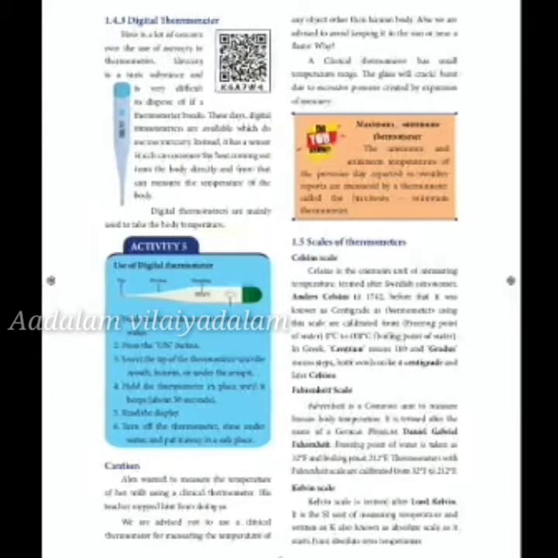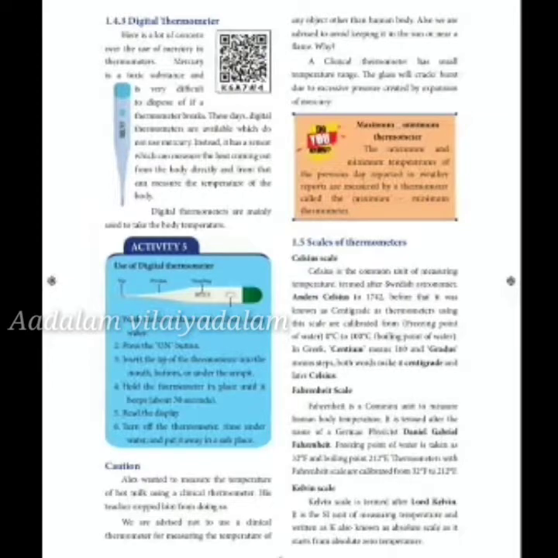Toxic means it is poisonous, it has the power to kill a person, so you have to be very cautious. If a thermometer breaks, it is very difficult to dispose of the mercury. Dispose means to throw it away. It can't be disposed of easily.